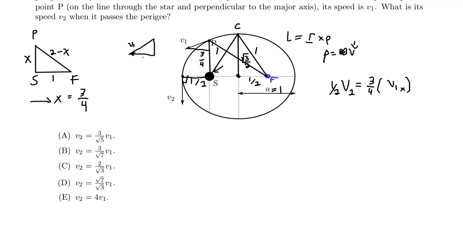So perhaps we can get some leverage on some trigonometric ratios here. As we notice, the velocity at any point is obviously tangent to the orbit.